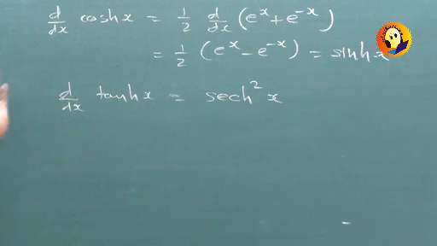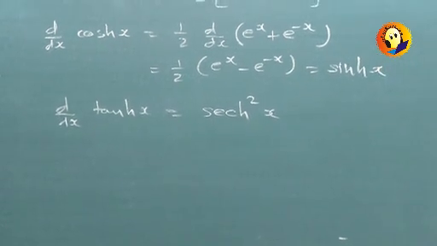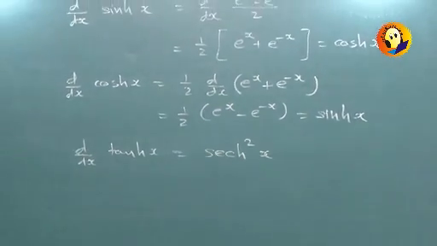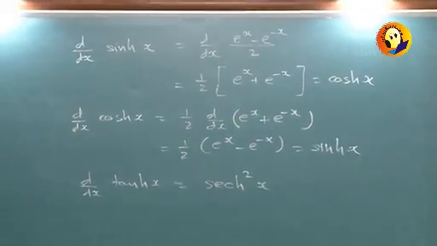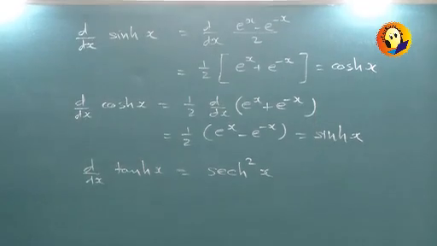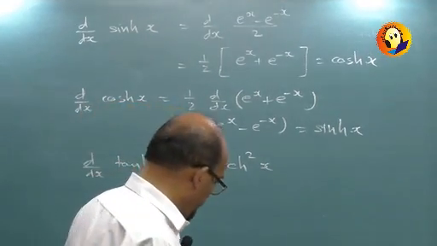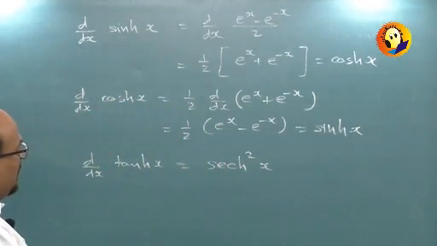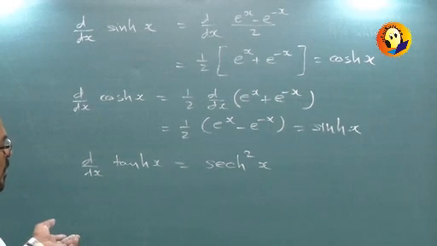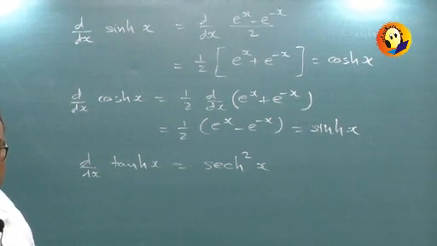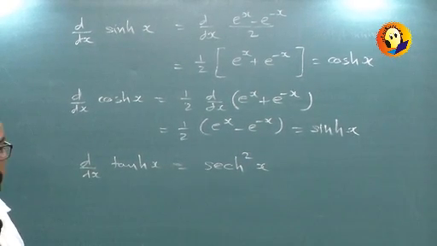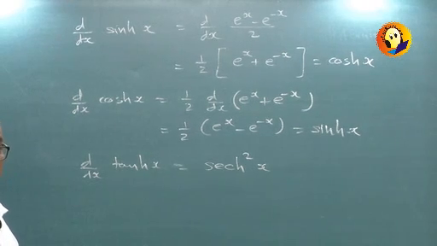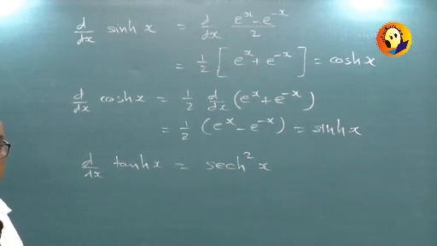And obviously the integration of sin x is cos x, integration of cos x is sin x, integration of sec x square is tan. Integration and differentiation we won't require probably in M1, but in M2 it will be, because M2 is totally on integration and differentiation, right?